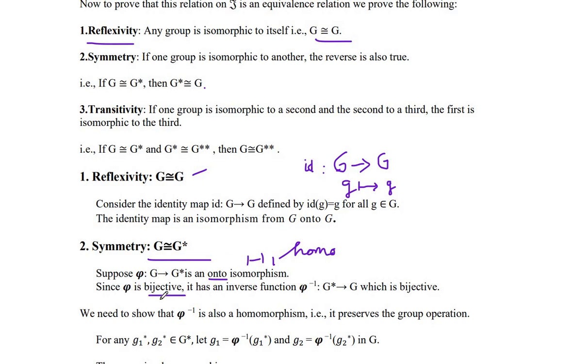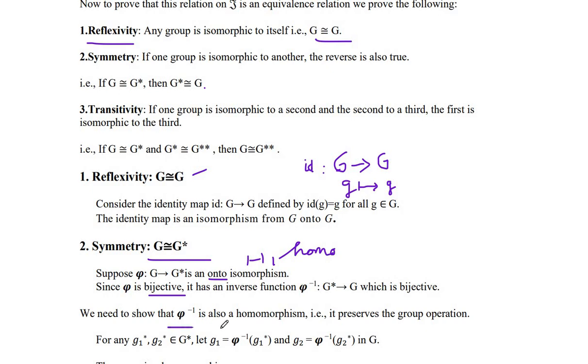So phi is bijective. Because phi is bijective, its inverse will exist as a mapping from G star to G, and that is also bijective. This is a result that is known to us already. Inverse exists only if the given mapping is bijective, and that is also bijective. So that result is borrowed here.